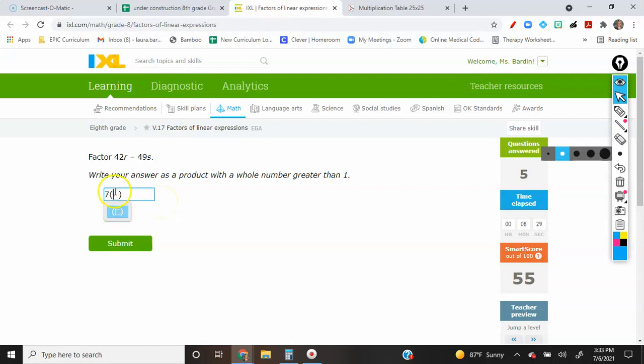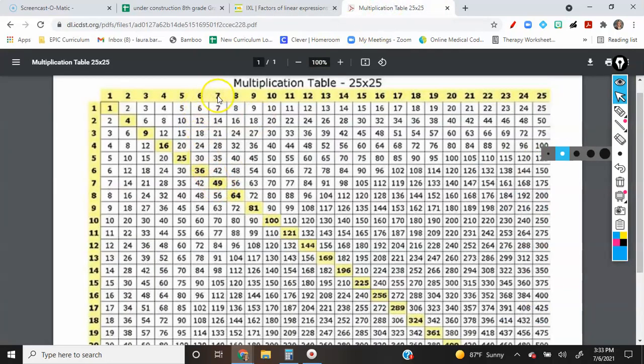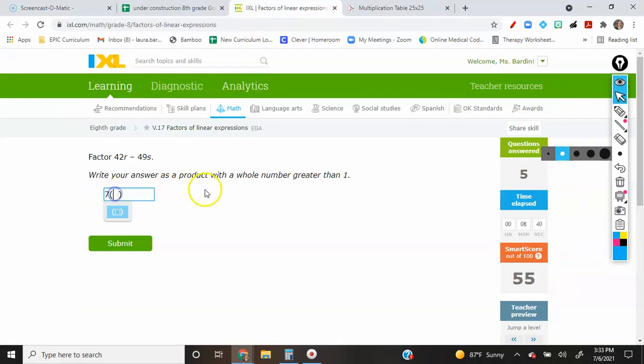I open my quantity set and I say, 7 times what gave us 42? If I have to look back, it's okay. 6. Nice job. So we have 6. Bring down my letter R. Good job. What am I going to put here? Let me just give you another hint.